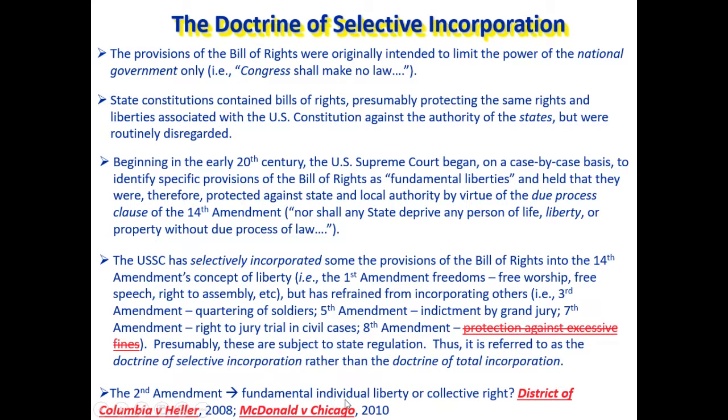Nor shall any state force a person to be a witness against himself, etc. Right? Those are the ones that we want to focus on. But again, I'm just trying to get you to understand the importance. It's hard to overstate the significance, the importance of this 14th Amendment due process clause. That's why I'm hammering on it. I want to make sure that everyone is clear.